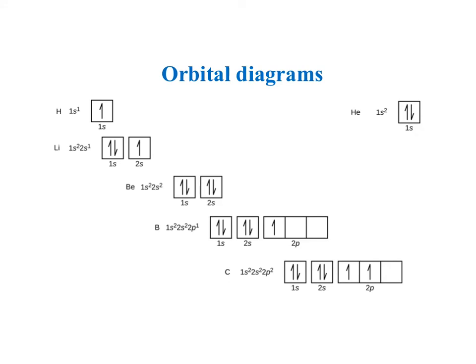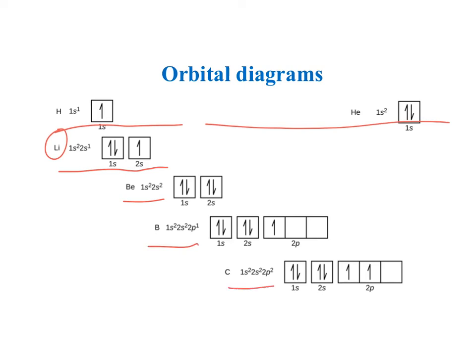So here are the first two, well, the first row and half of the second row, right? So here's the 1s1 and then the 1s2, and then here's lithium in the second energy level. So here's 1s2, 2s1. Here's beryllium 1s2, 2s2, boron 1s2, 2s2, 2p1, and finally carbon 1s2, 2s2, 2p2.